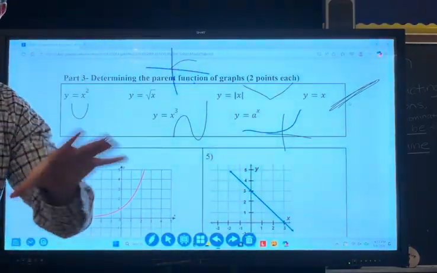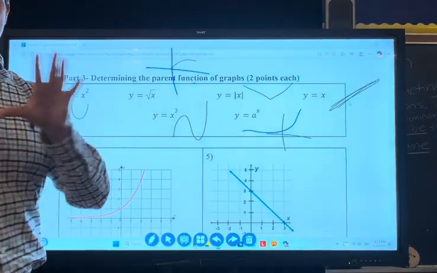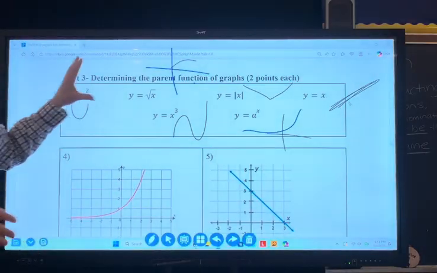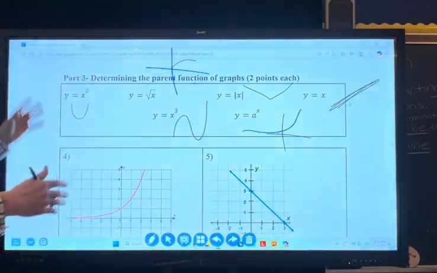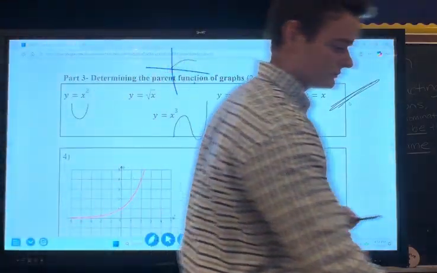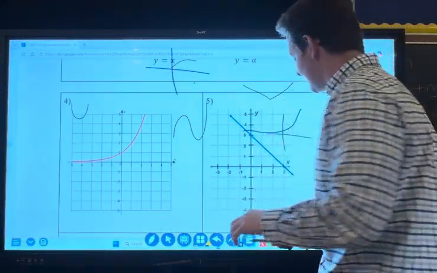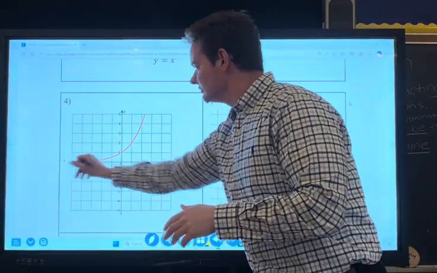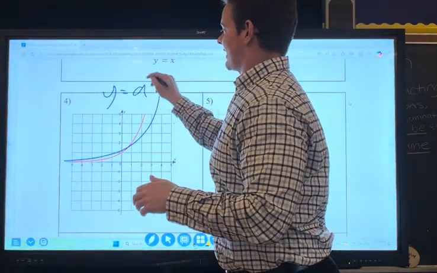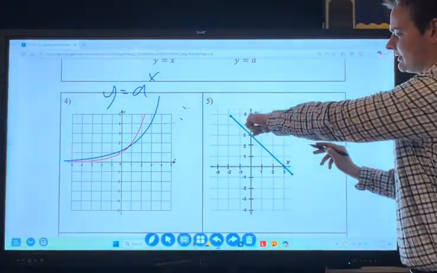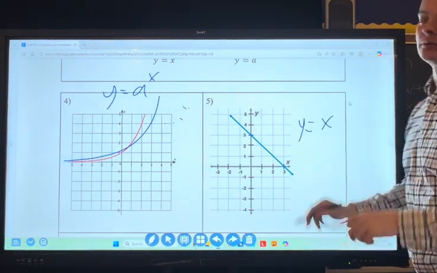Those are the 6 parent functions that I need to know, and now it's just matching the pictures with which those look like. This first one is exponential, that's y equals a to the x. This one here is a line, so it's y equals x.